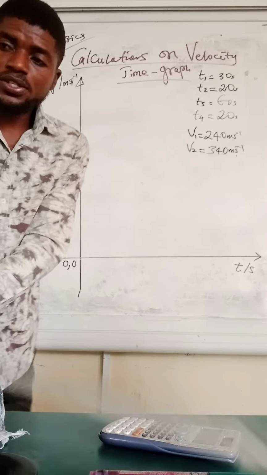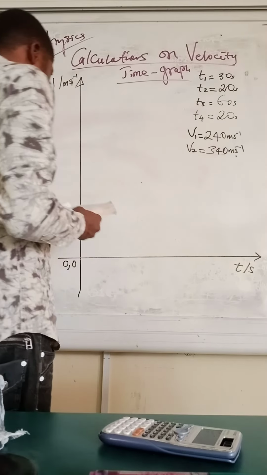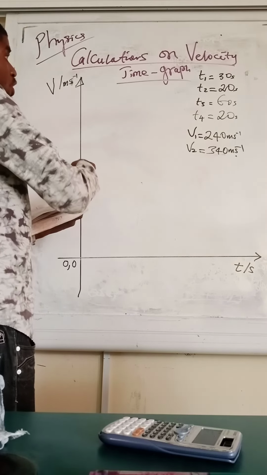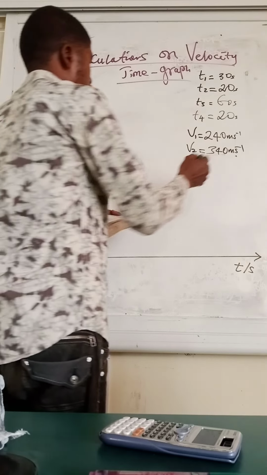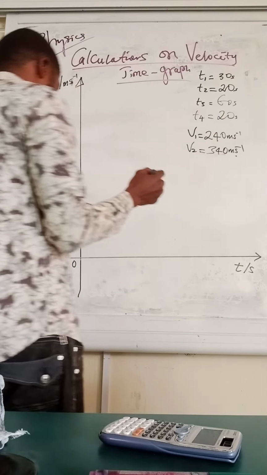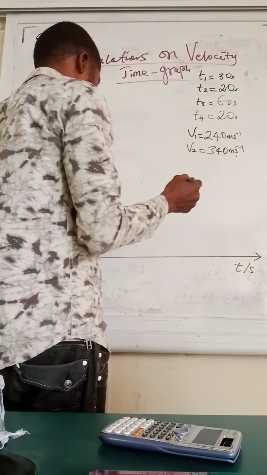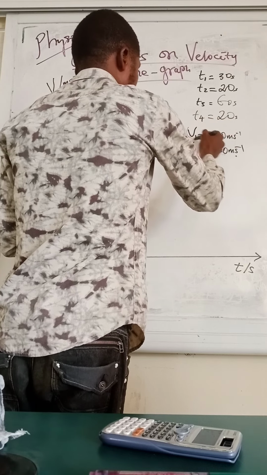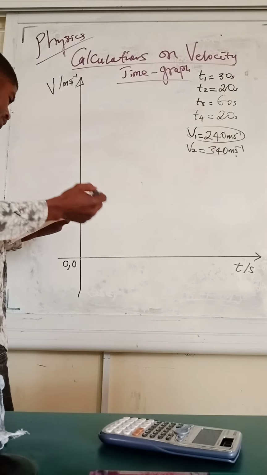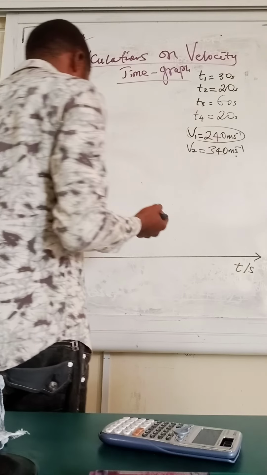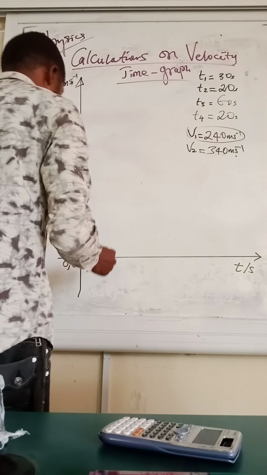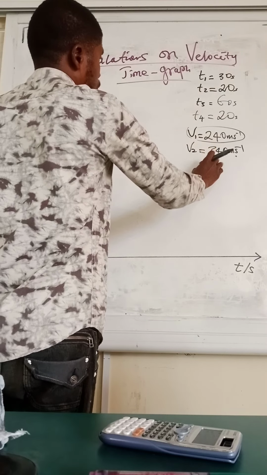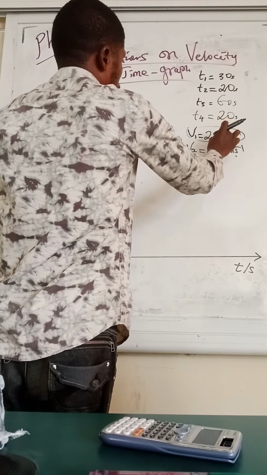So let's go through this again. A body at rest is given an initial uniform acceleration of 8.0 meters per second squared for 30 seconds. On this axis, the maximum value is 340 and the minimum is 240.